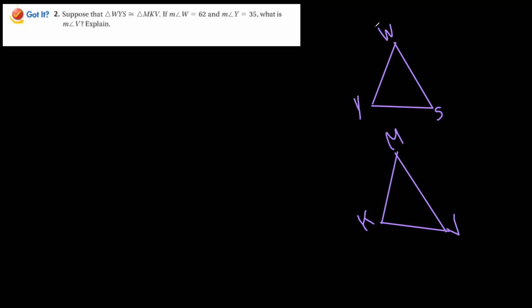Suppose that the triangle WYS is congruent with MKV, and the measure of angle W equals 62, and the measure of angle Y is 35. What is the measure of angle V?